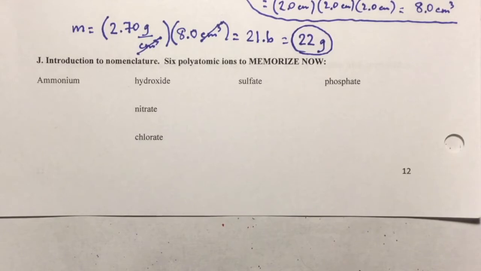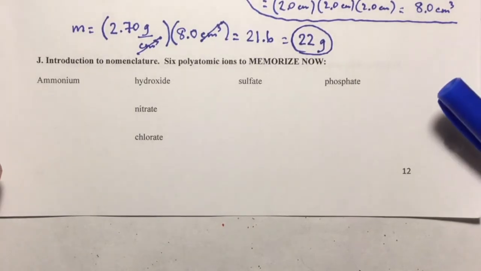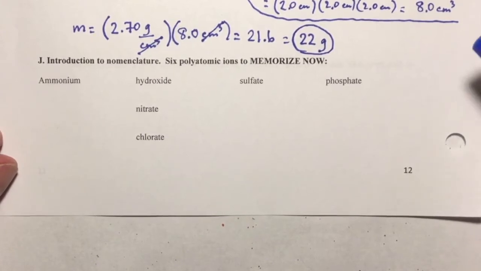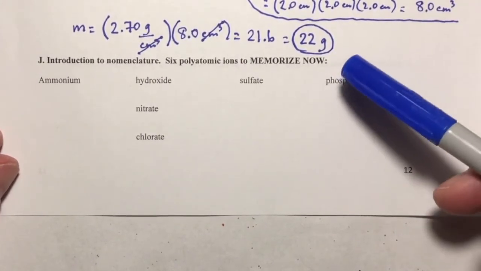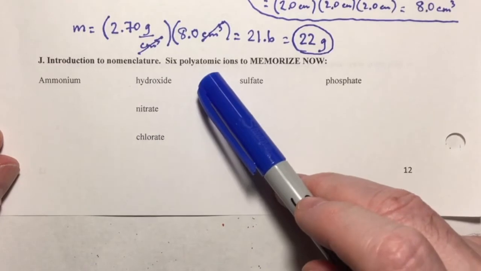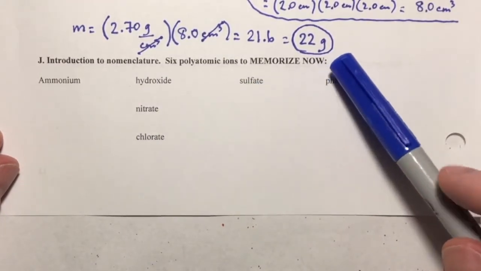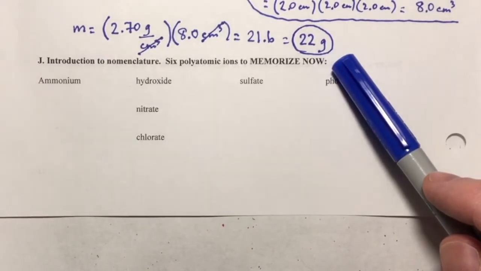I want to give you a head start on that. I don't want to just have us get to chapter 4 and then suddenly dump a whole lot of nomenclature and memorization requirement on you because it will be overwhelming. So instead of doing that, I'd like to introduce you to 6 polyatomic ions, and I'm going to ask you to memorize these right now.